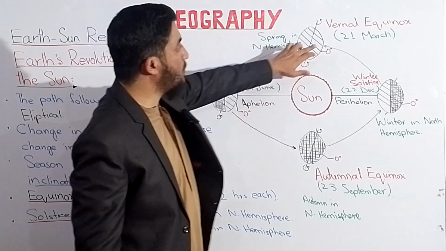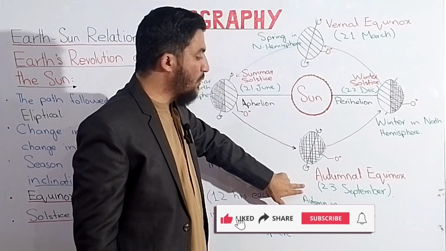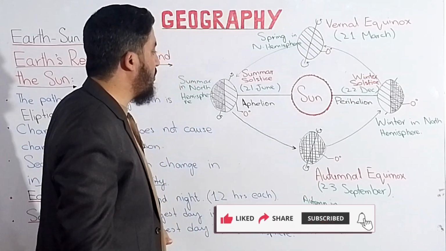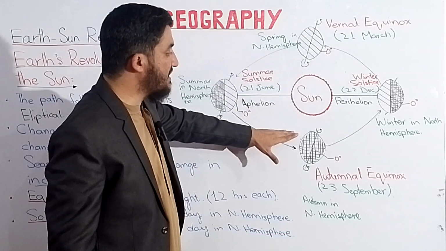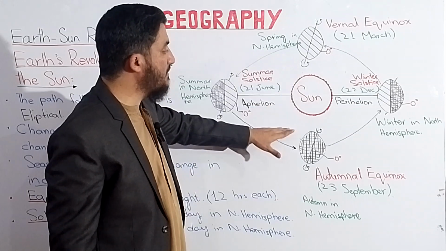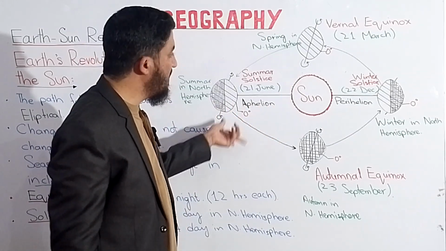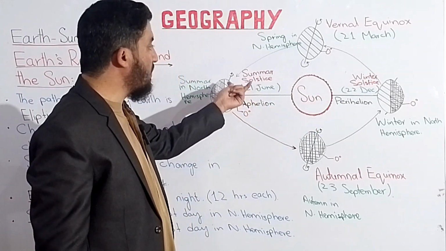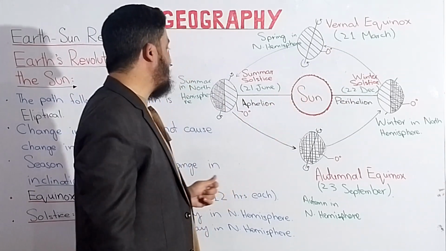The 21st March is the vernal equinox, while 23rd September is the autumnal equinox, जहां पर दोनों डेज में the duration of day and night are equal. As for the solstices, the summer solstice comes on 21st June and the winter solstice comes on the 22nd December.